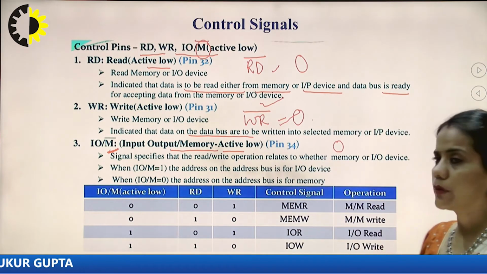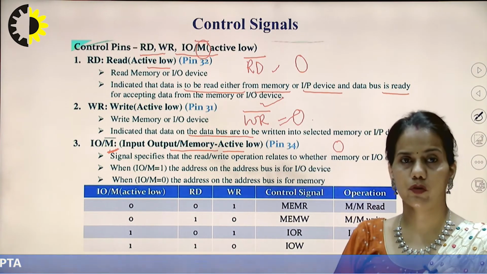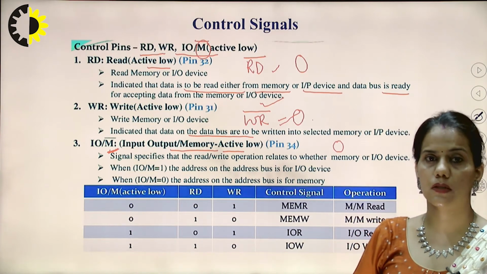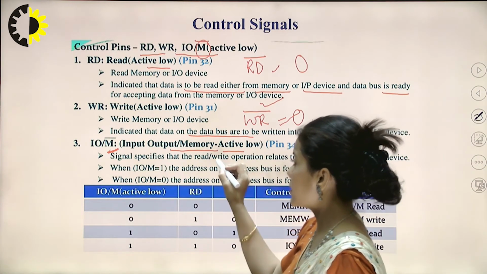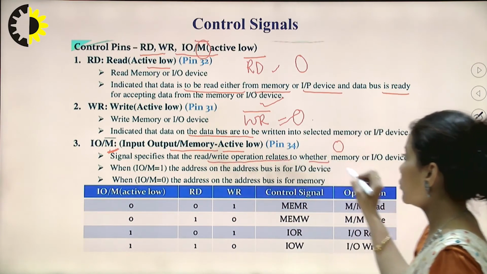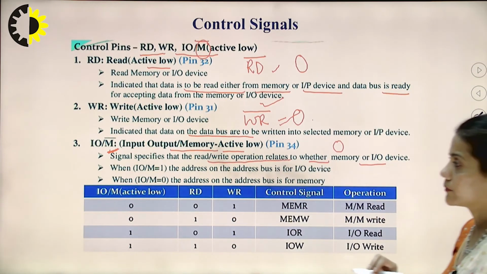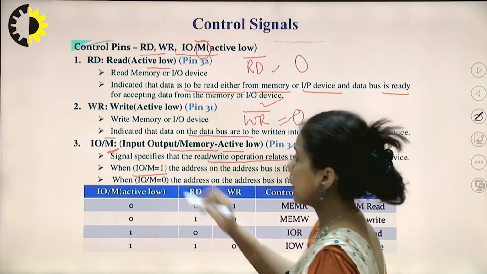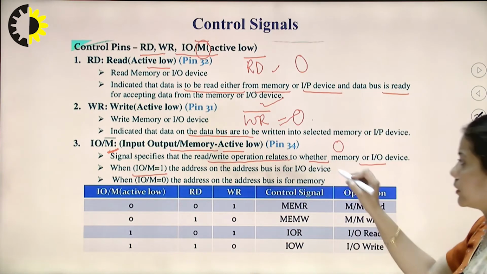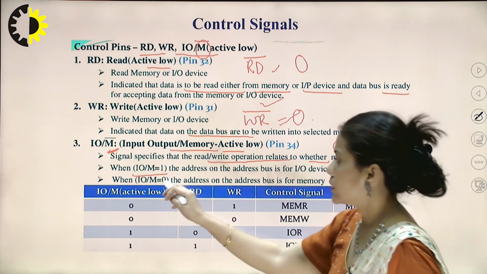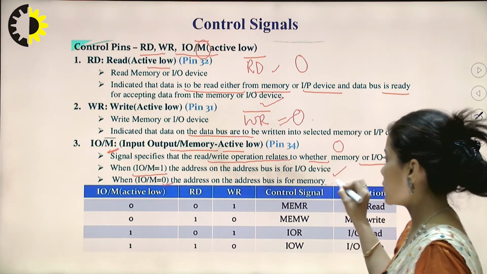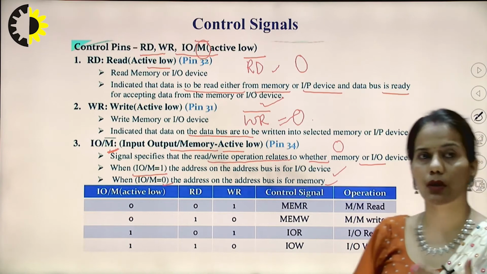And if some input output related operation is being performed in the microprocessor, then this pin is 1. When IO/M bar is equal to 1, the address on the address bus is for an input output device. And if this is 0, then the address on the address bus is for the memory, because some memory related operation is being performed.